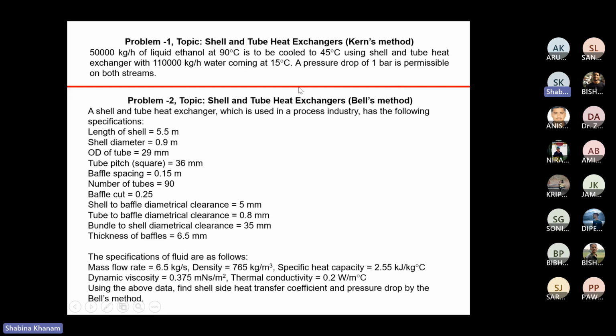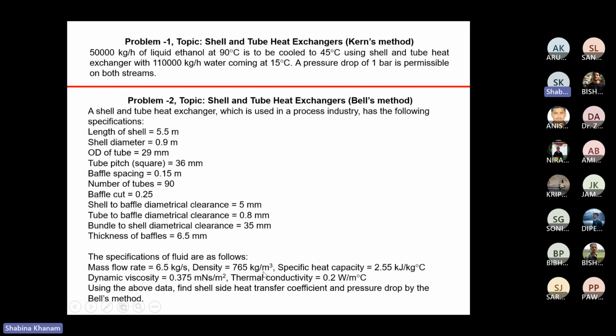You need to design this using Kern's method, and the second problem you need to do using Bell's method. All dimensions are given over here. These are the fluid parameters, and these are some geometrical parameters. So you need to solve these two problems on your own.